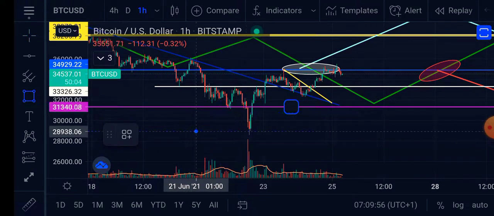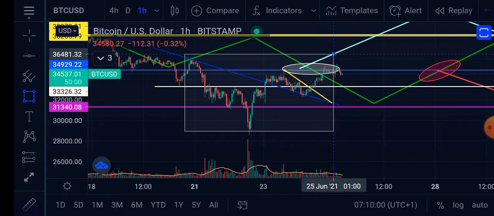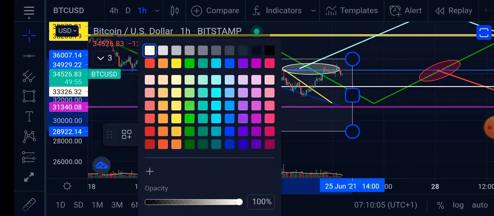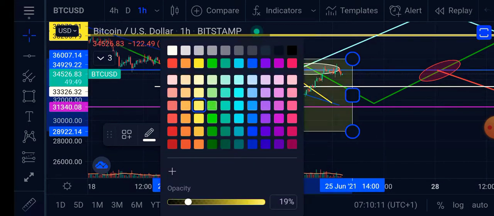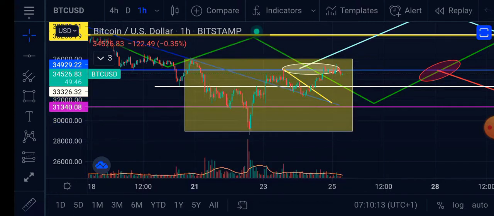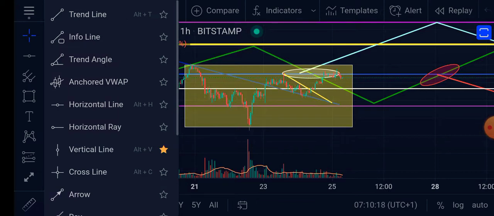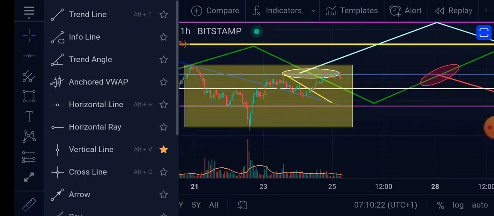What's actually happening here is that we are having this range here, within this box.